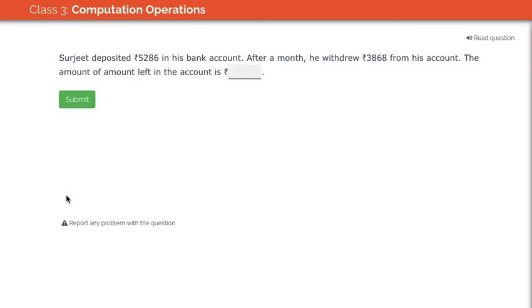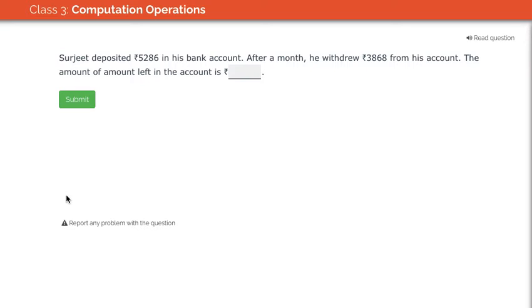Surjit deposited 5,286 in his bank account. After a month, he withdrew 3,868 from his account. The amount left in the account is, so it will be 5,286 minus 3,868.